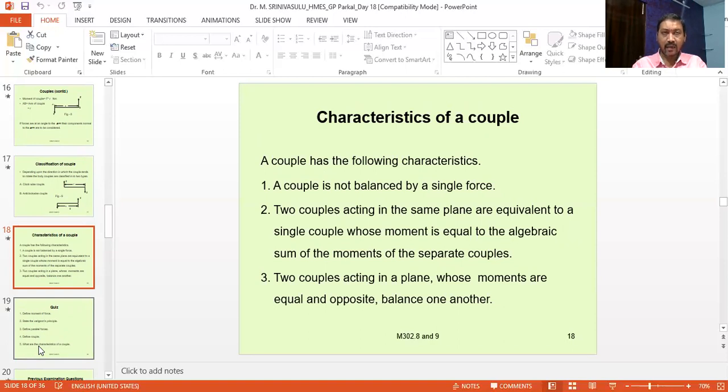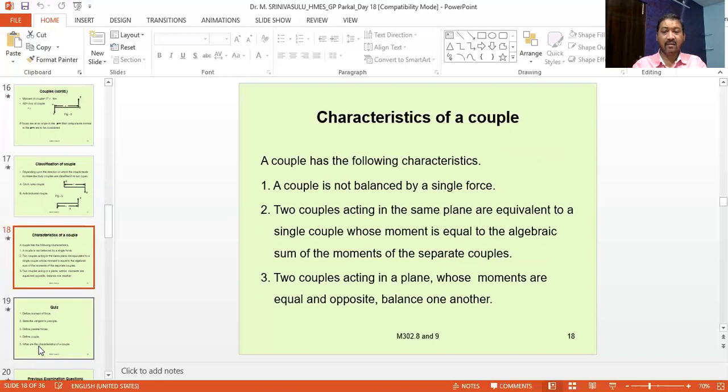And when two or more couples act on a body, they can be brought to a single couple by finding the algebraic sum of the moments of all the couples.